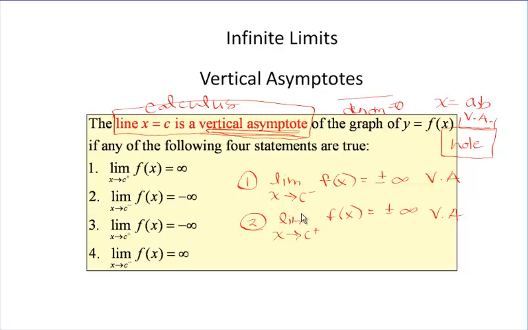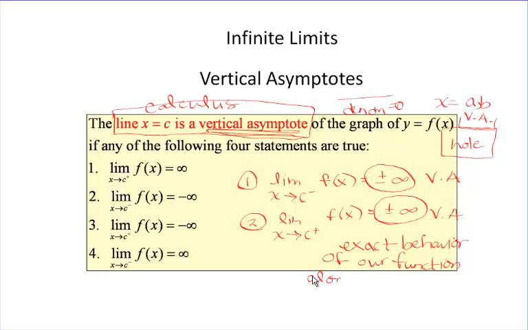And the power of using calculus is that the result of that limit not only tells us we have a vertical asymptote, but it tells us the exact behavior of our function along the asymptote.